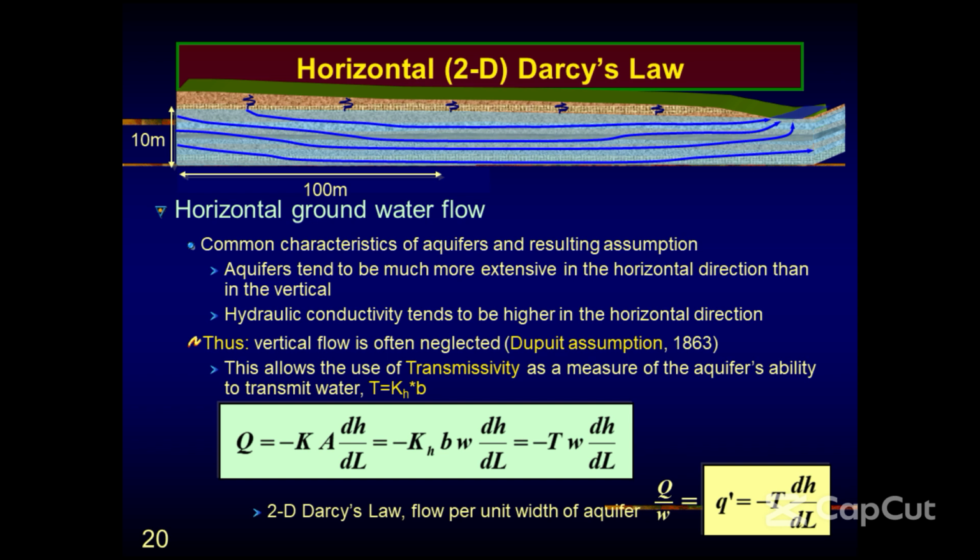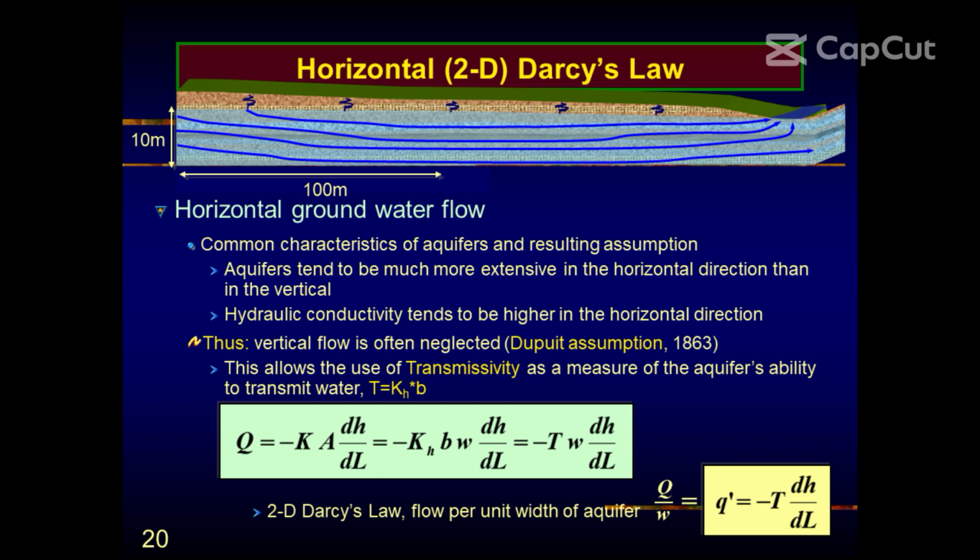Okay, then what happens when you have a partially penetrating well? Partially, can I clean this? Yes. When you have a partially penetrating well, this is the ground surface, this is the water table, and then this is the confined aquifer.